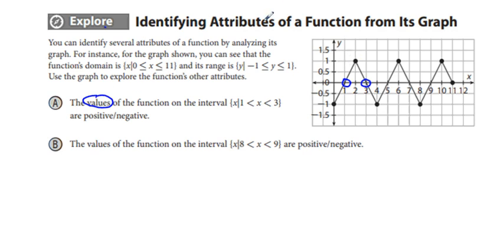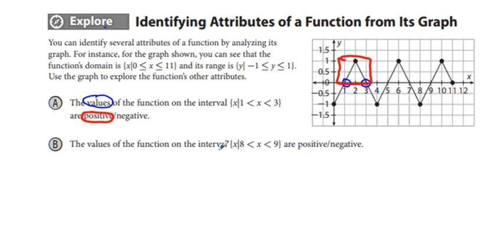We find the output right here. The output values are, okay, I'm boxing this in red, between 1 and 3. Are these output values above the x-axis or below the x-axis? Most certainly above the x-axis, and being above the x-axis, those values are positive.